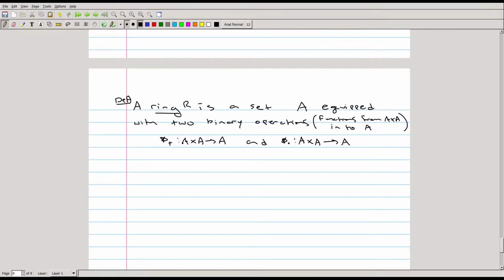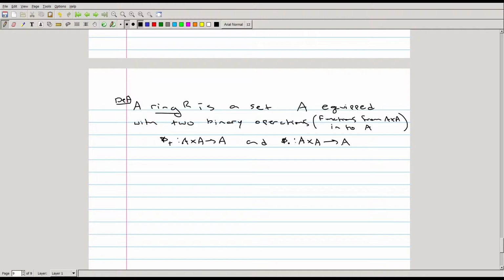And the reason behind this notation is that plus is very similar to an addition operation, has the same properties as an addition operation, and the star dot has similar properties to the multiplication operation.